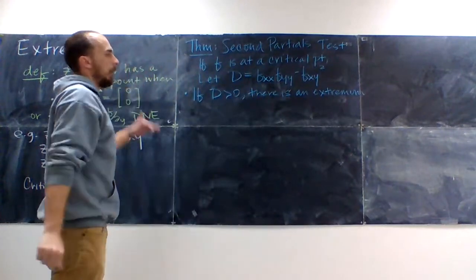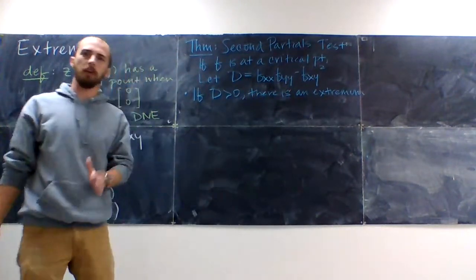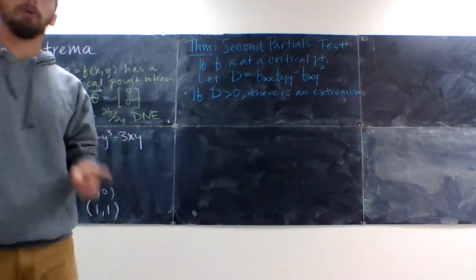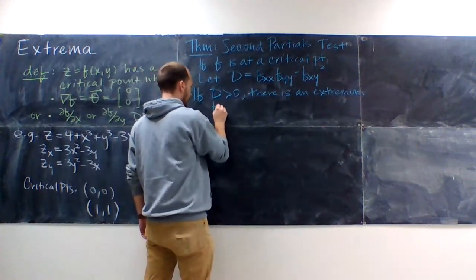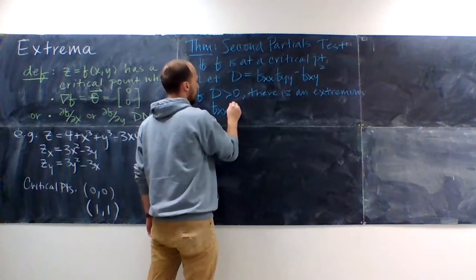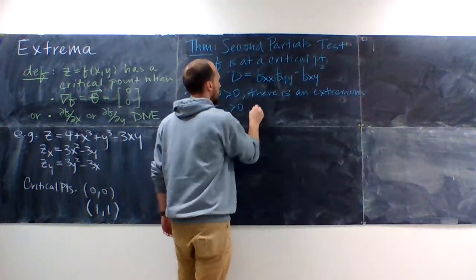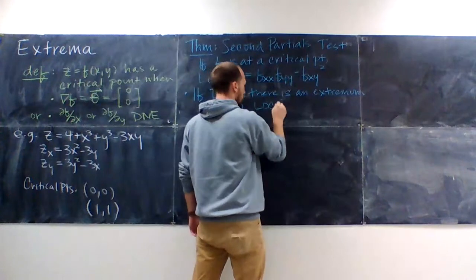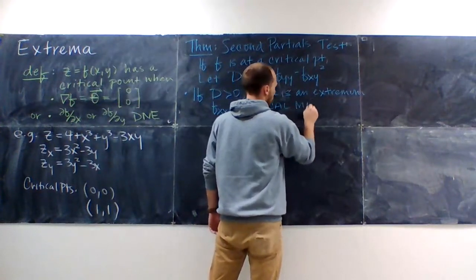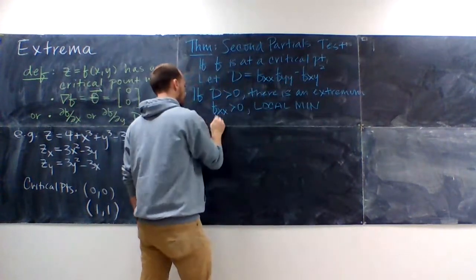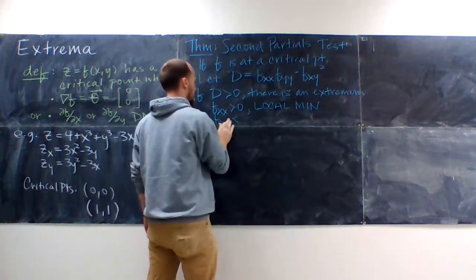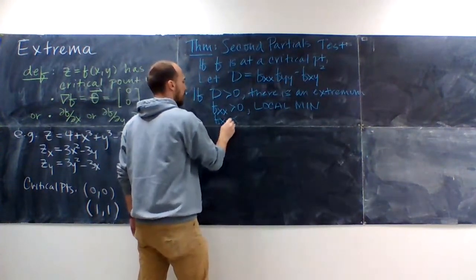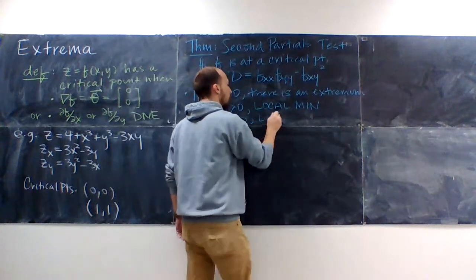Okay, and underneath that heading, we look at the second partial of f with respect to x both times. So from here, if fxx is positive, that's a local minimum. And if fxx is negative, we are at a local maximum.